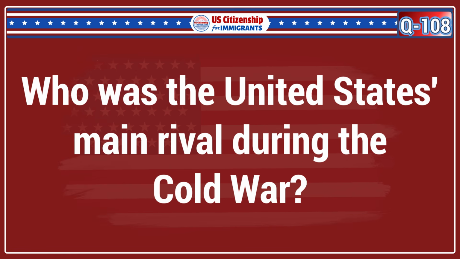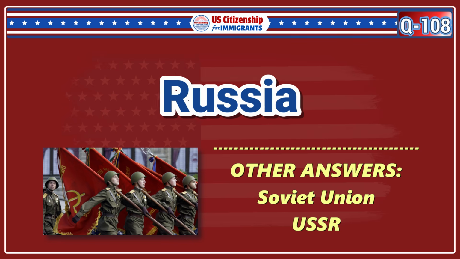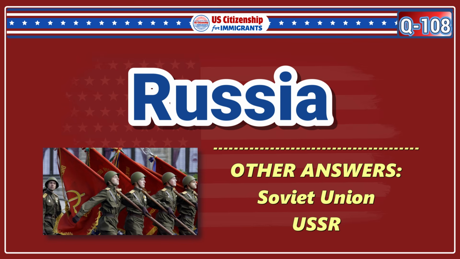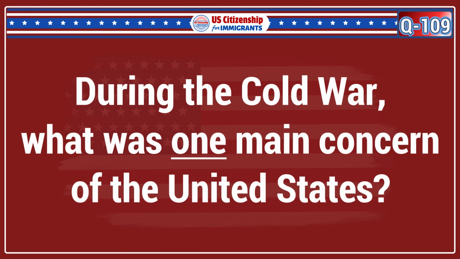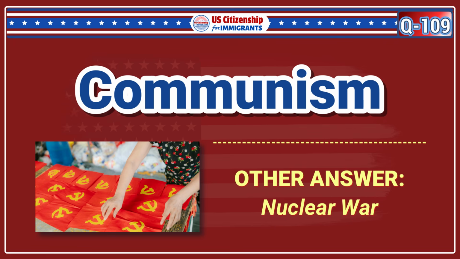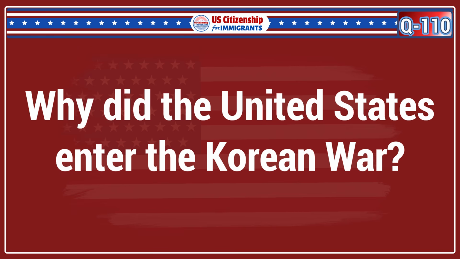108. Who was the United States' main rival during the Cold War? Russia. 109. During the Cold War, what was one main concern of the United States? Communism. 110. Why did the United States enter the Korean War?